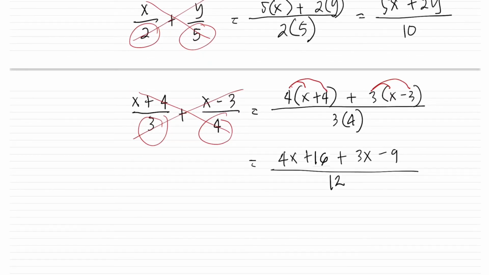Now, as in our previous discussion, once we distribute the number outside the parentheses, we no longer need the brackets. Next, we combine like terms. We combine 16 and negative 9, and we have 4x and 3x.